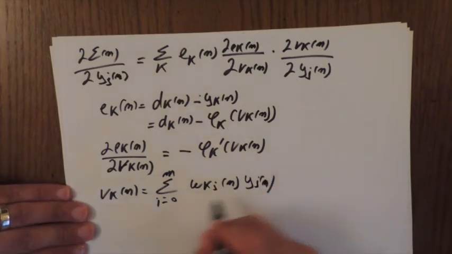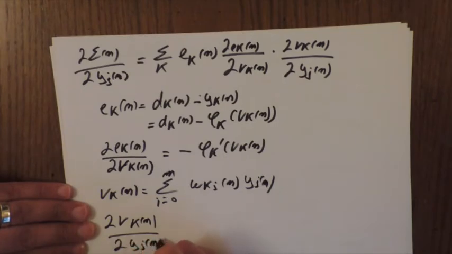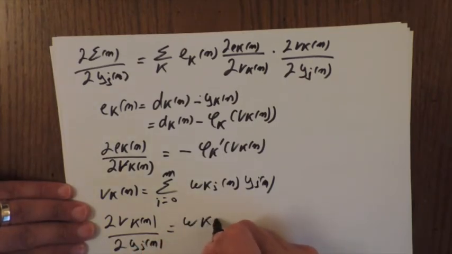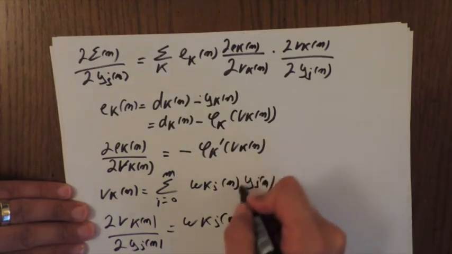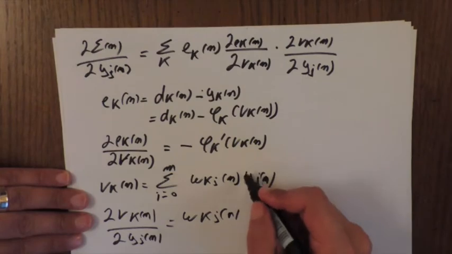So now if we take the derivative of vk of n over yj of n, this will be equal to wkj of n, because we are doing the derivative with respect to this parameter.